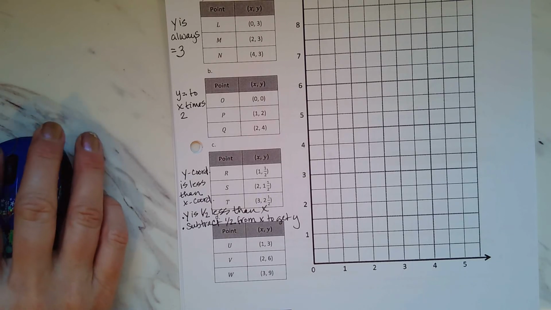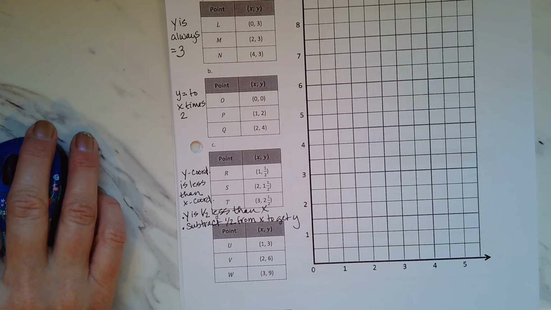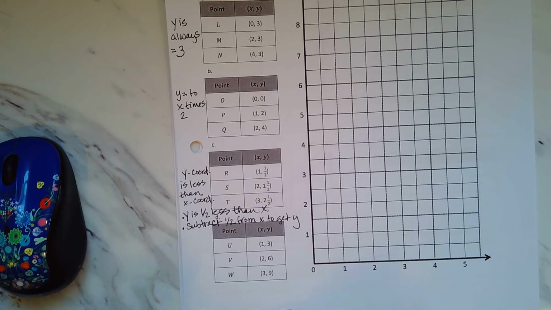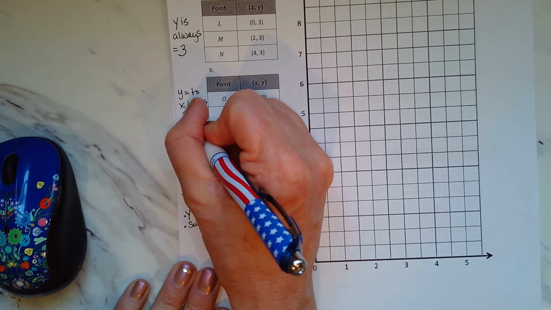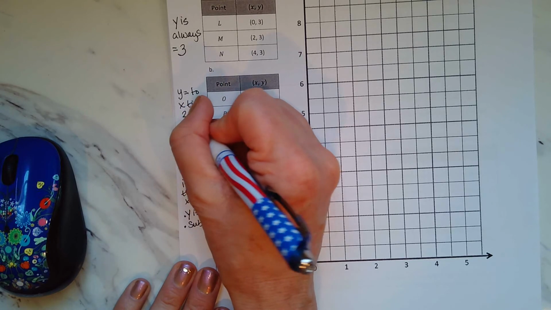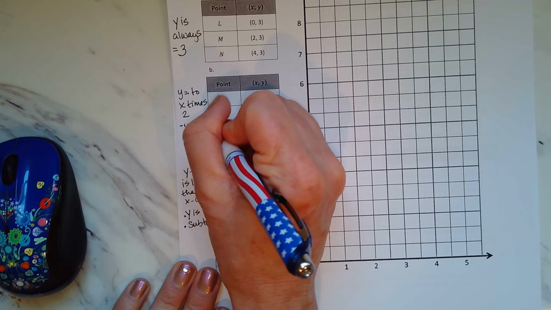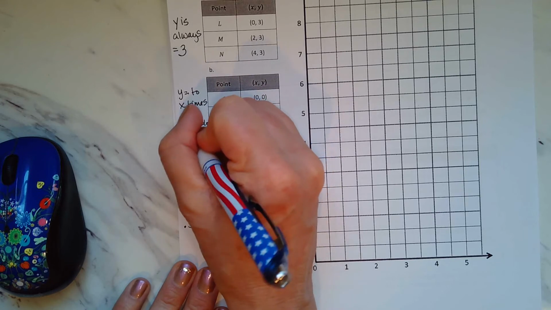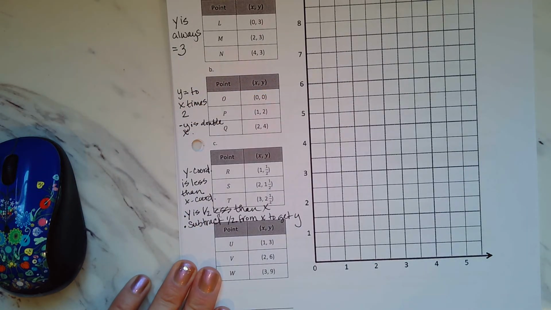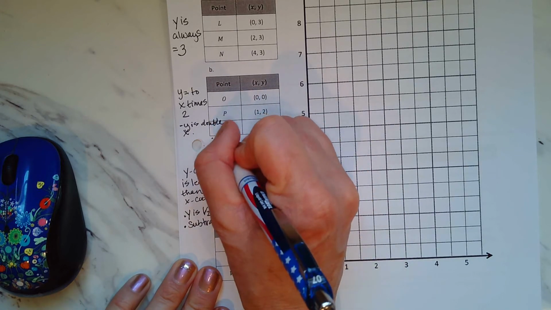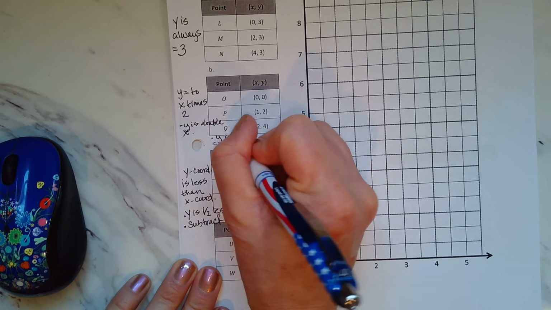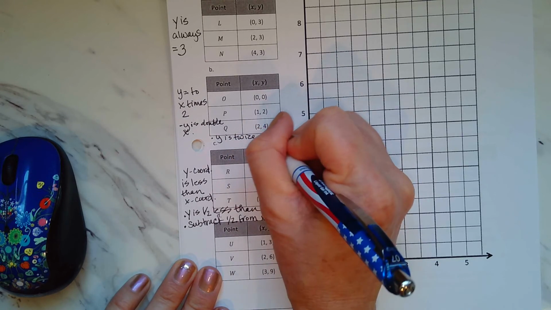Let's see if you can come up with any others on your own to describe that. How about y is double x? Y is twice as much as x.